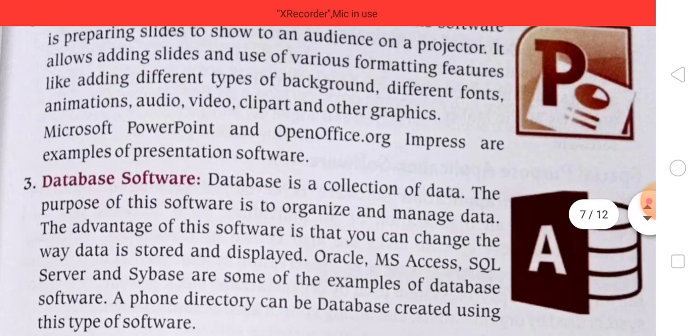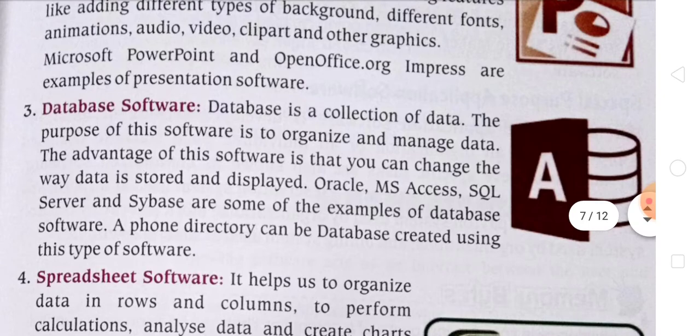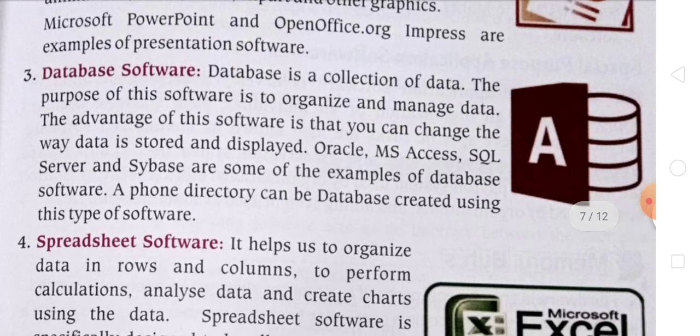Then the third one is database software. A database is a collection of data. The purpose of this software is to organize and manage data. The advantage of this software is that you can change the way data is stored and displayed.